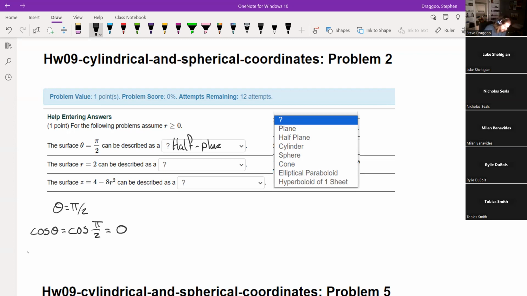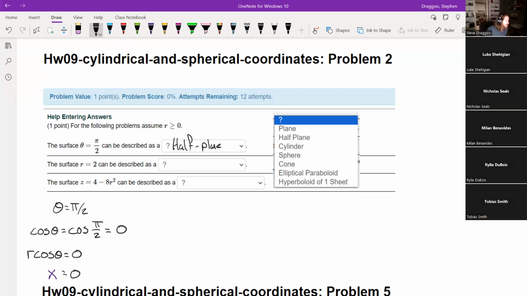I could multiply both sides by r. So r cosine theta equals 0, which in turn is x equals 0. That's the equation of a plane in 3-space. But again, only positive values for r, which is why it's a half plane instead of the full plane.